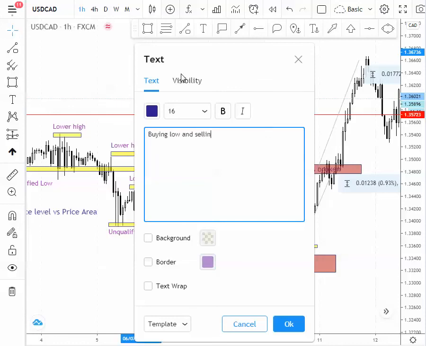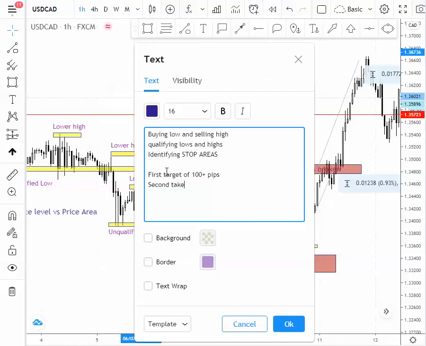So on the idea of buying low and selling high, qualifying lows and highs, identifying where we're wrong, stop areas, it produced a first target of 100 plus pips, and a second take profit.